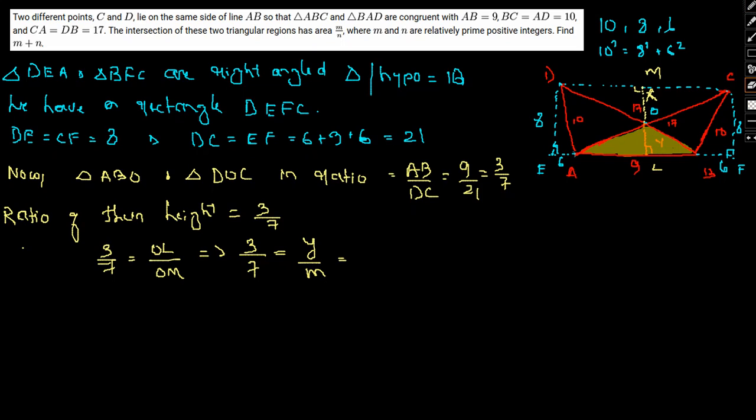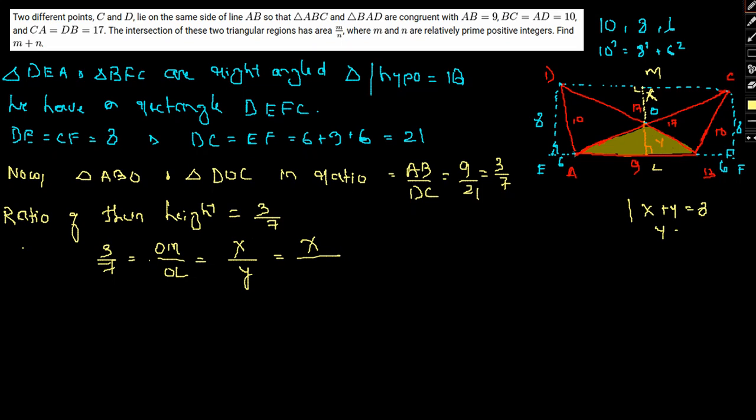My bad. It will be basically the reverse of the sides. So give me a second. Simply by the reverse of the sides, it will be OM by OL, so basically X by Y. So basically we know X plus Y is equal to 8.